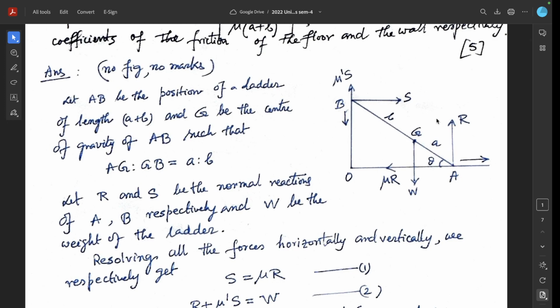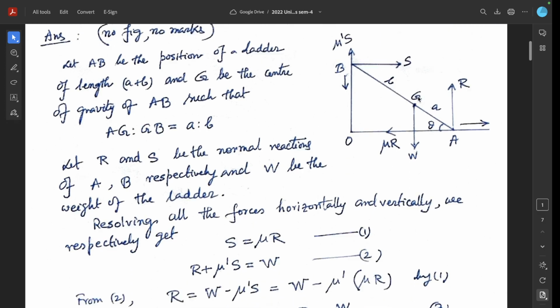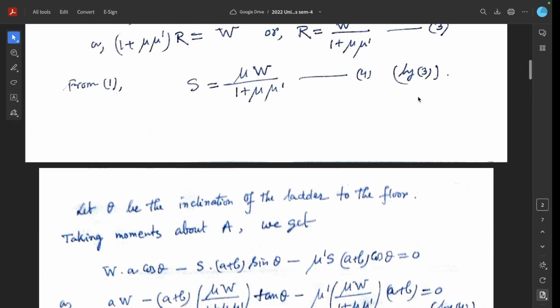The moment of the force S is in the clockwise direction about the point A, so it is a negative moment. So we get minus S times (a plus b) sin theta.